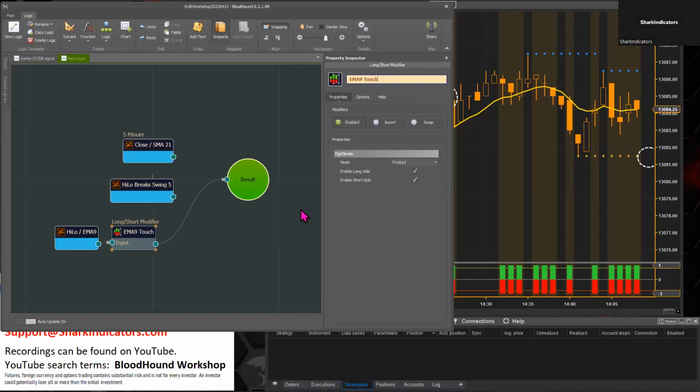There we go. All right, I'll give it a little more direct name here. So this is actually the 9 EMA touch bars there.